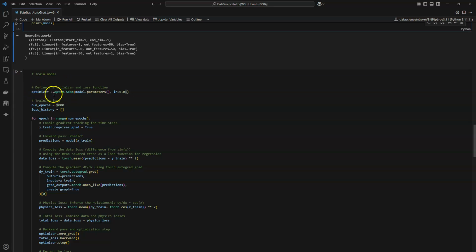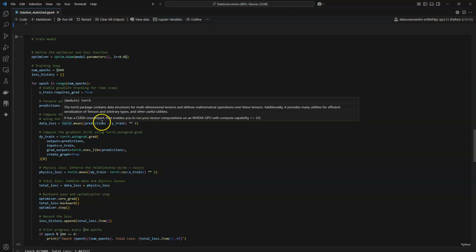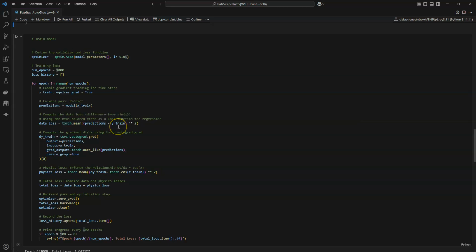Now we train our model. We have set up our optimizer, use Adam here, and then we have a standard loop. We now require the training input requires grad. This is important because we want to track gradients, and we make our prediction with the model. And our data loss is essentially the prediction versus y train, the training data as we had.